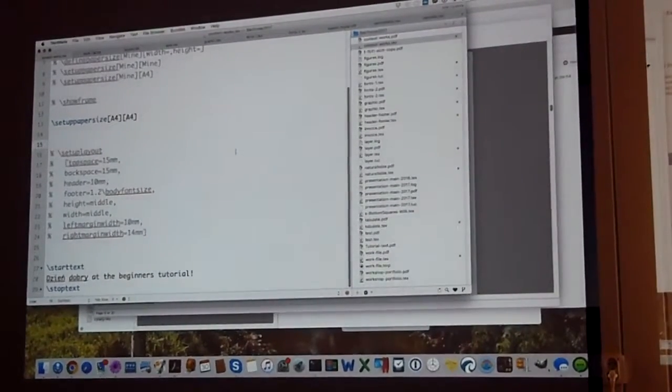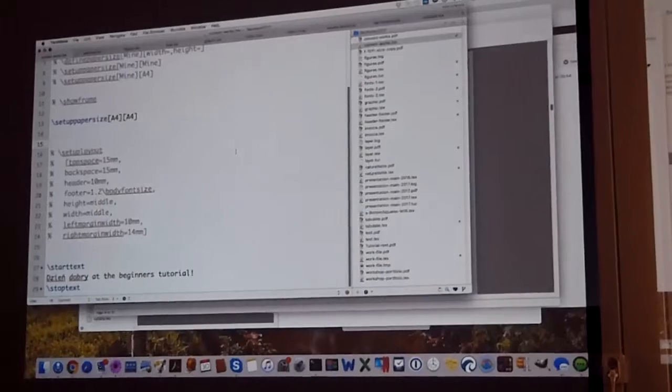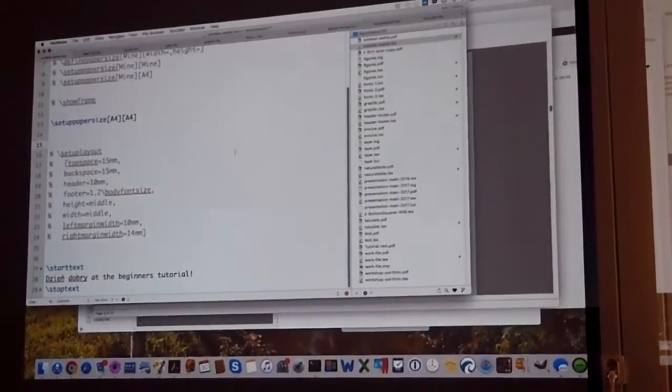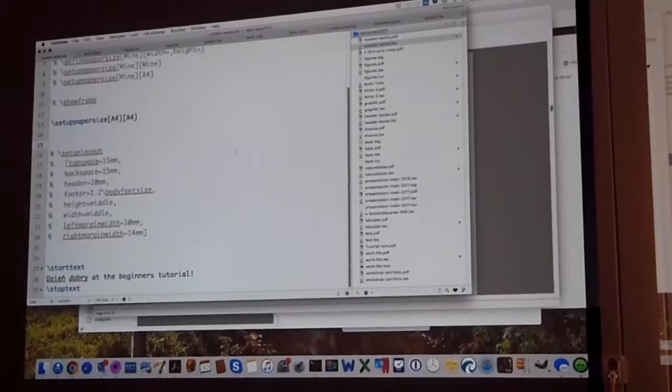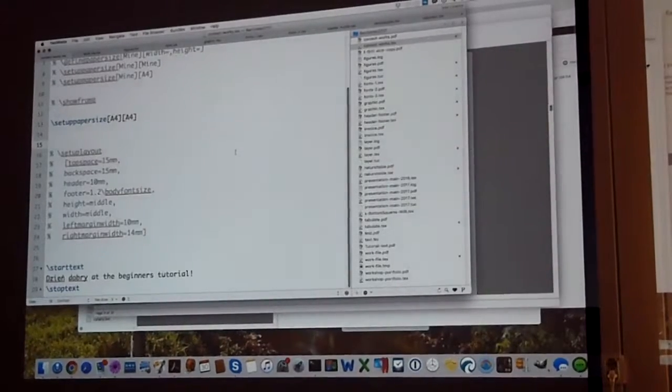But the page is not a number, it says middle, so it uses the whole space. It uses the whole paper size, and will reduce it by the space on top, and because this is middle, this is the same, and this is the same.